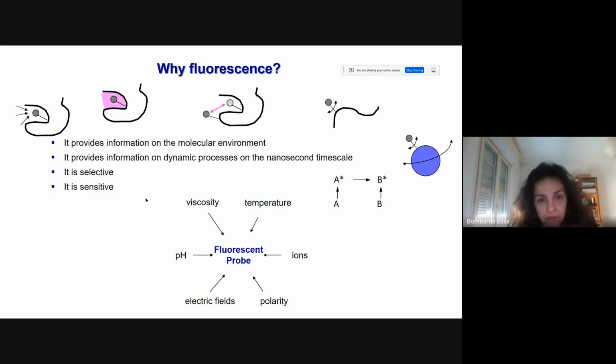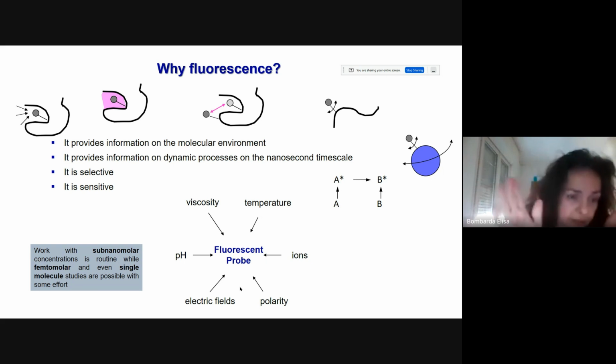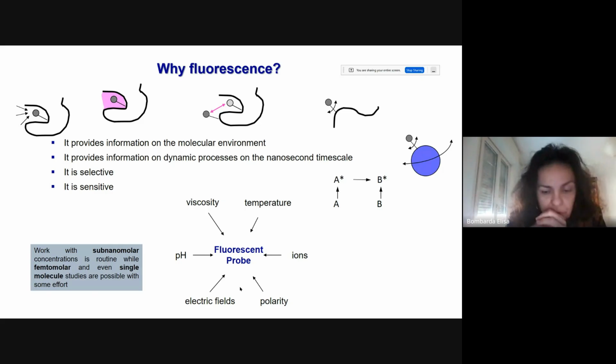Based on this, fluorescence probes have been developed to inform about particular physical chemical properties, like viscosity, temperature, pH, polarity, and the presence of ions. About sensitivity, we can work with subnanomolar concentrations, and femtomolar and even single molecule detection can be reached with some effort.